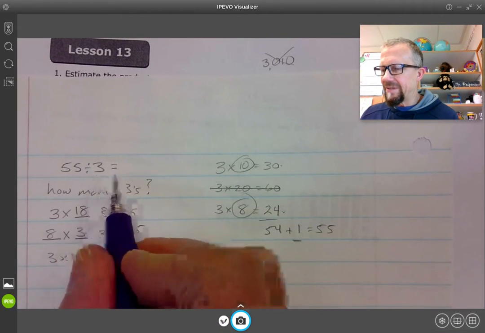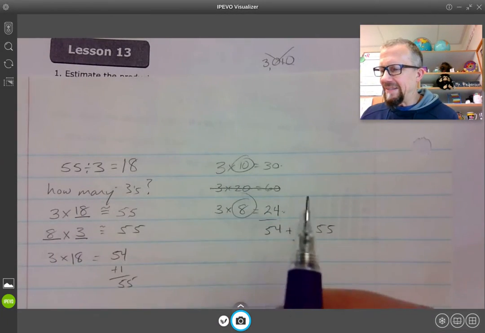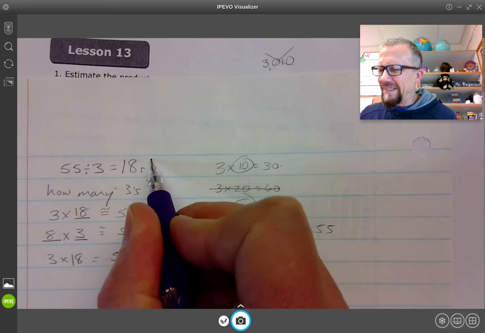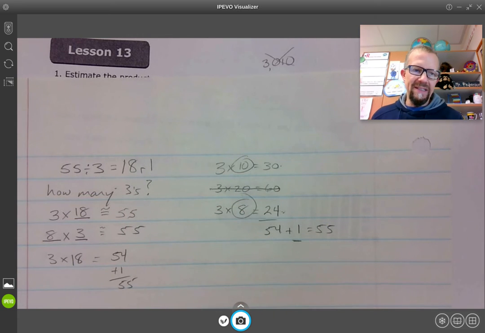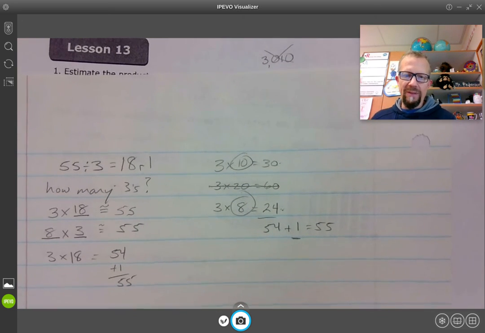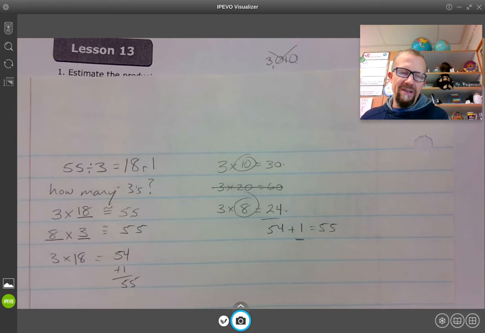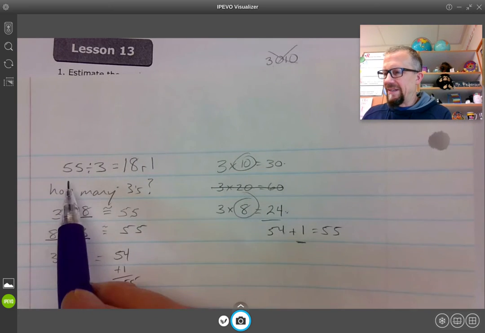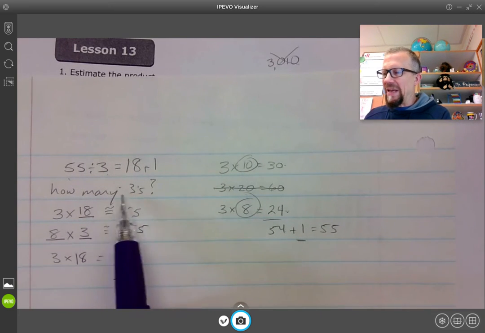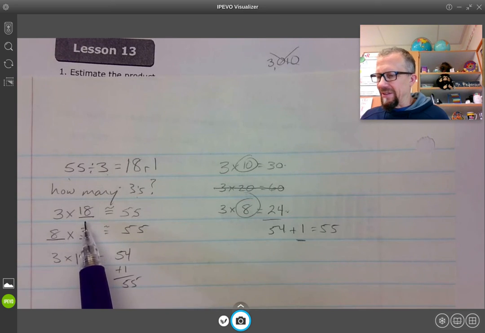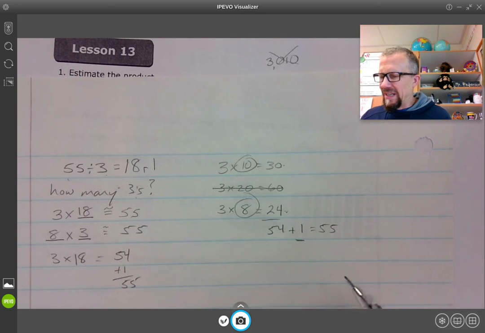So how many 3s are in 55? Well, there are 18 of them, but there's one left over. There's one I didn't quite get with my 18 3s, and that's that remainder 1. We'll keep practicing this a lot. We will teach you other methods to do that, but for now, try and really get in your head that when you see 55 divided by 3, it's how many 3s is it? And we can multiply 3s, and we can just try numbers until we get there.